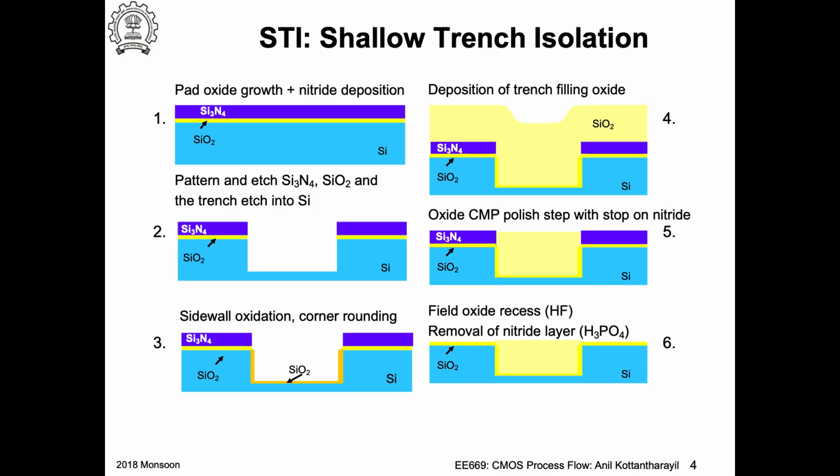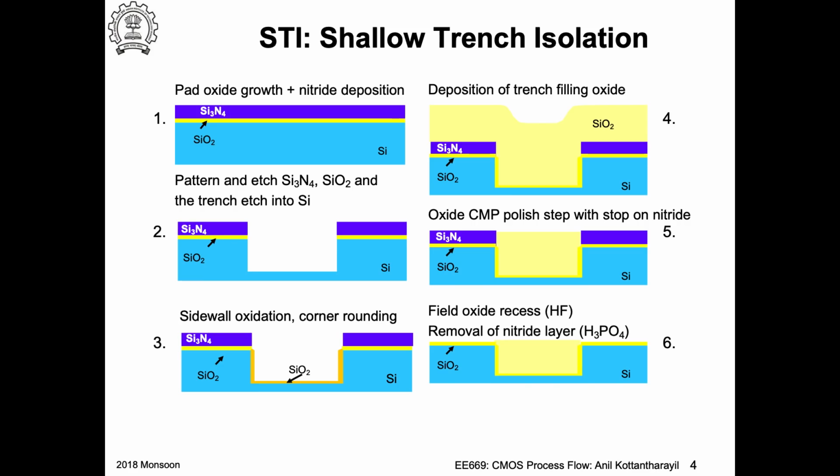So the first step would be a cleaning of this wafer. So you use the RCA cleaning, which we have discussed previously, and in fact all of these processes were discussed in previous modules. So you take this wafer and then do a cleaning.